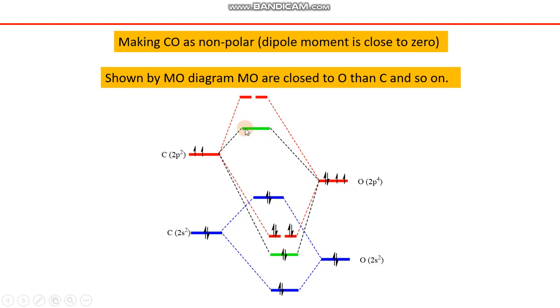This is because it is the lowest unoccupied molecular orbital, an anti-bonding molecular orbital, and anti-bonding molecular orbitals are closer to carbon, not to oxygen.